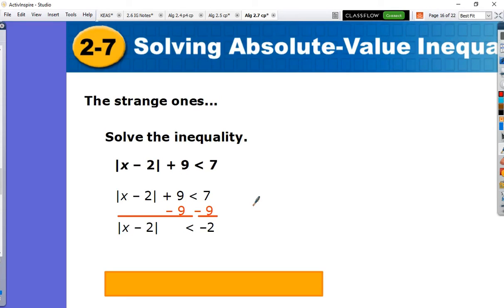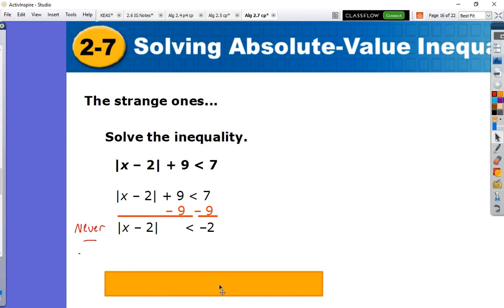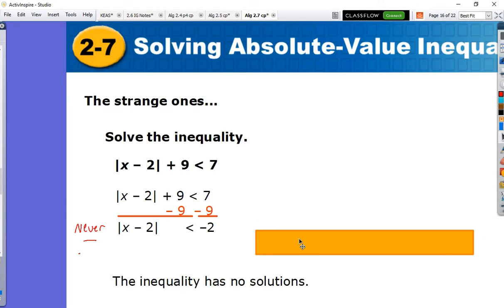This cannot happen because this side can never be negative. You can never have a negative absolute value. This is always going to be positive, so this inequality has no solutions. There are no answers for this because we are never going to be less than negative 2. No answers for this one.